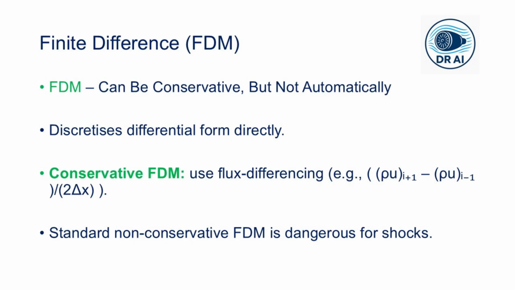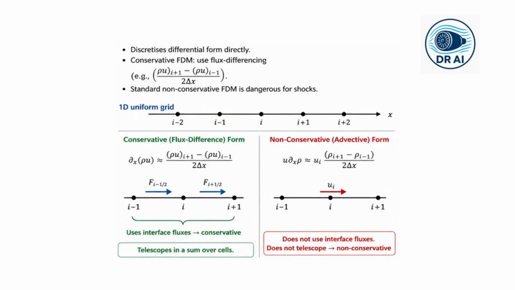The second is the finite difference method, FDM. This method works directly with the differential form. You may apply the FDM to the conservative form. You just discretize the divergence form using a difference formula. For example, this is the flux difference scheme represented over here.